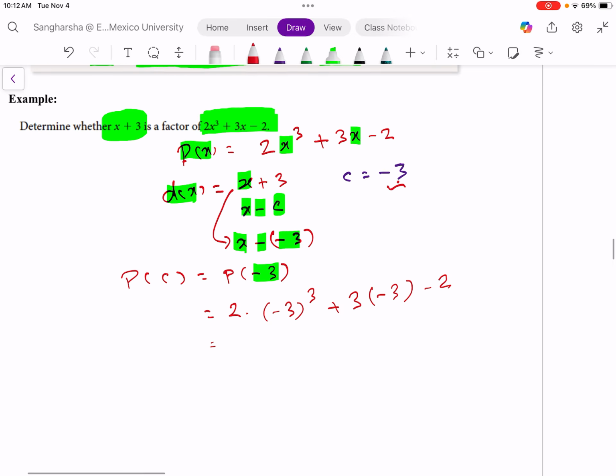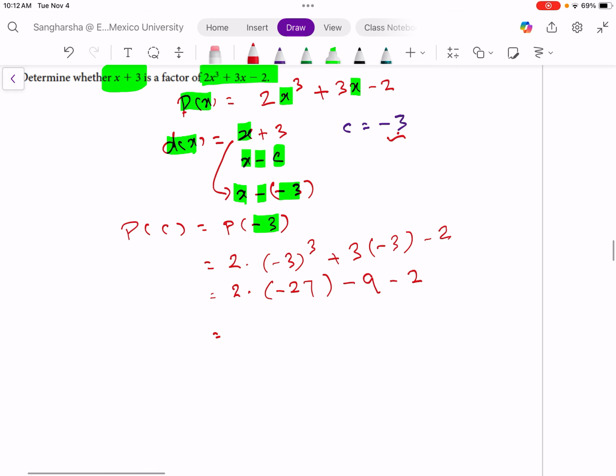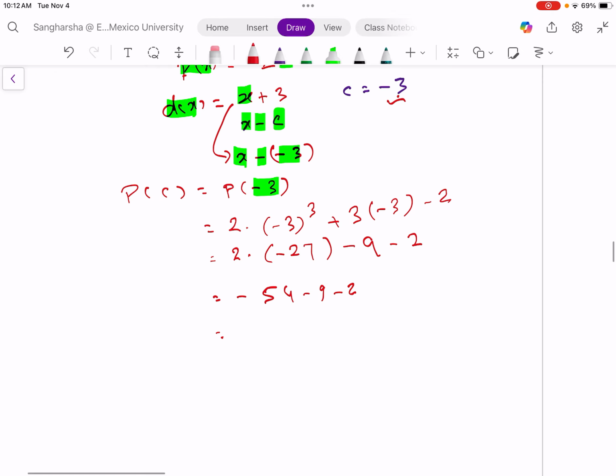We have -3 cubed is -27, 3 times -3 is -9, then -2. So 2 times -27 is -54, minus 9 minus 2, and this is -54, -9 is -63, -2 is -65.